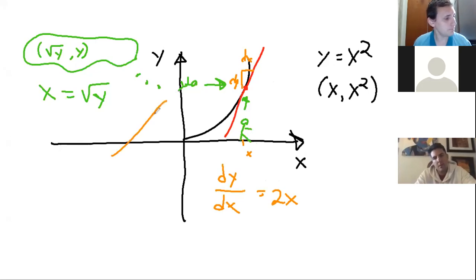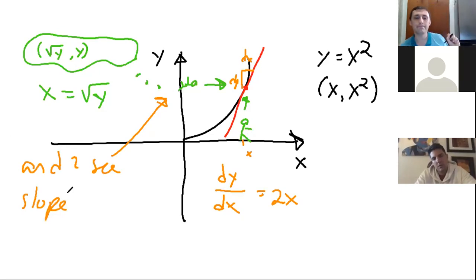What's the slope that he is seeing of the same tangent line? Look at it. What's the slope? The slope is vertical over horizontal, right?